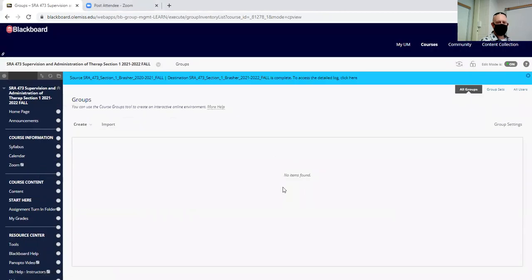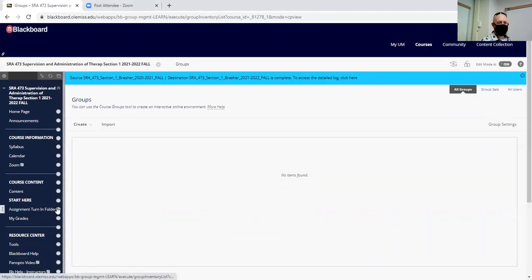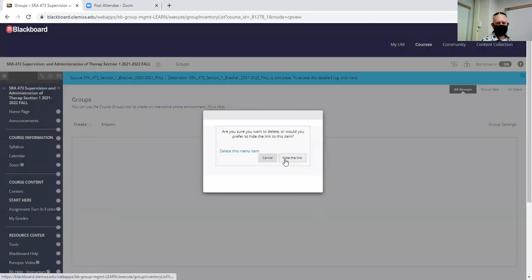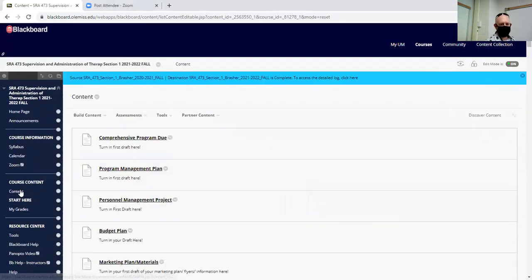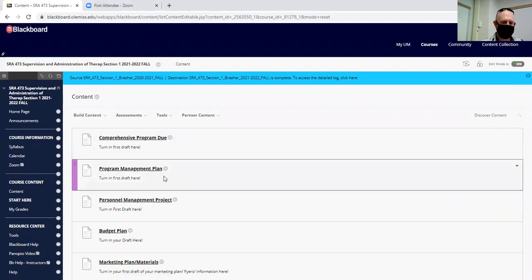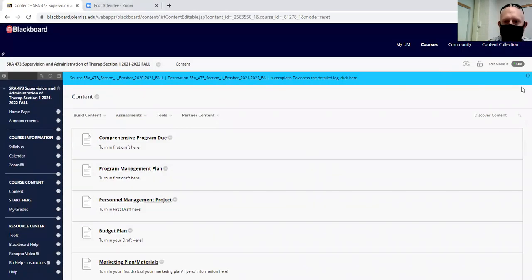I tried to make a folder to put them, so I'll delete that since it's wrong. It's just under content. And they're in order, I believe, from top to bottom as you turn them in. So I'll share again.